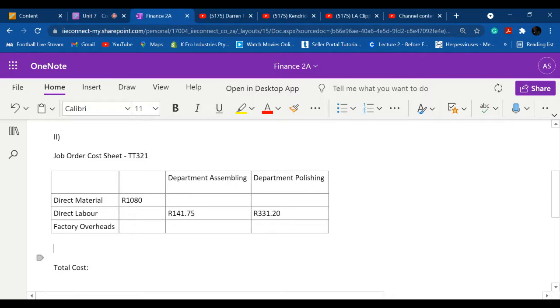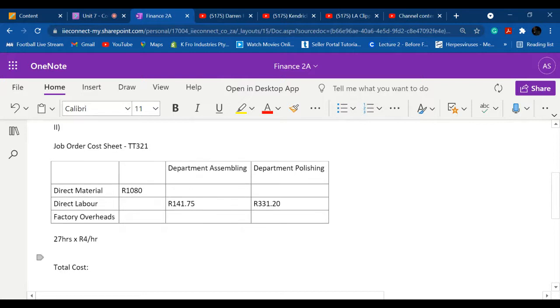So we need to look for direct labor in order to get the manufacturing overhead. If you look at department A or department assembling, they said 27 hours of labor, times now our rate that we calculated earlier. For department assembling, I believe it was 4 Rand per hour.